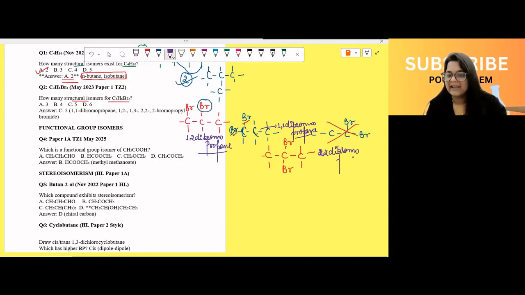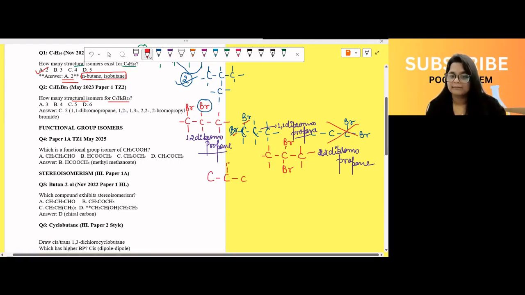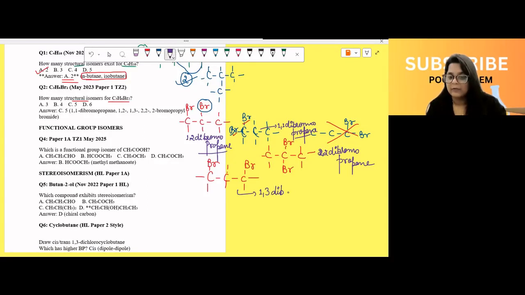One more. I can place one at the first carbon and one at the last. So what will I call this particular name? This will be 1, 3 dibromopropane.